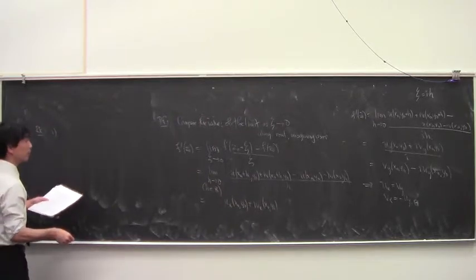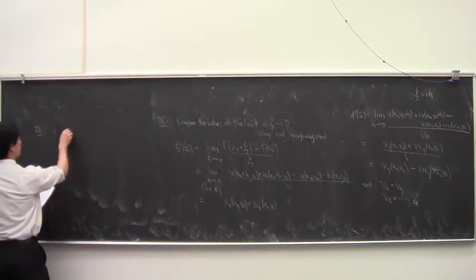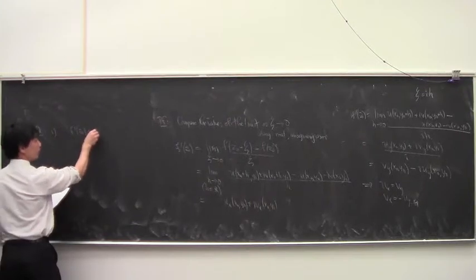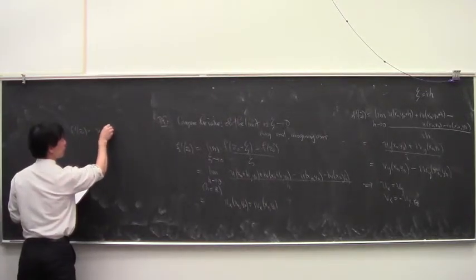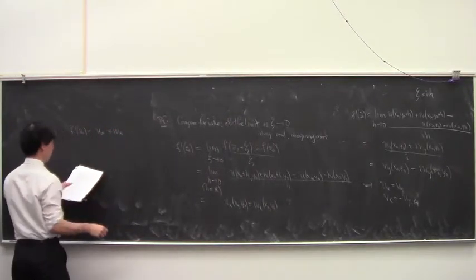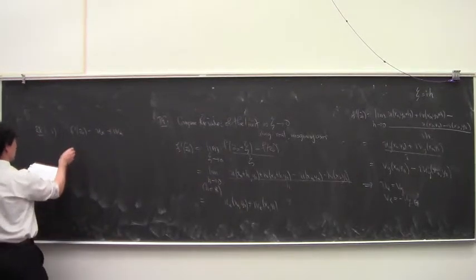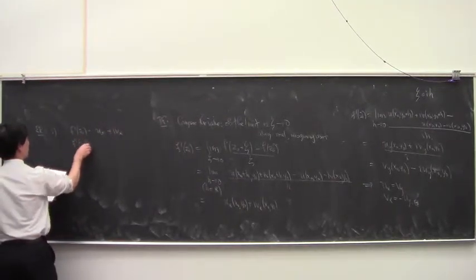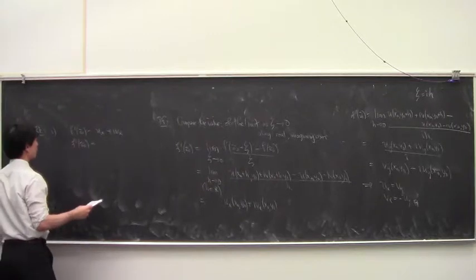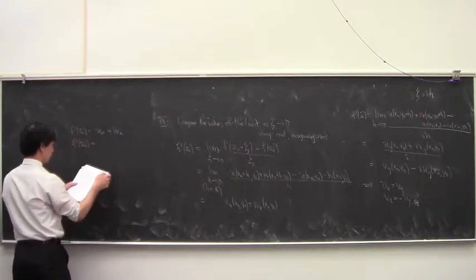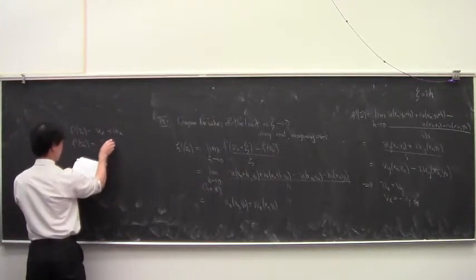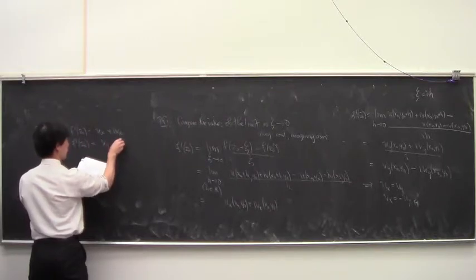First, notice that we saw that f prime of z was u sub x plus i v sub x. We also saw that f prime was v sub y minus i u sub y.